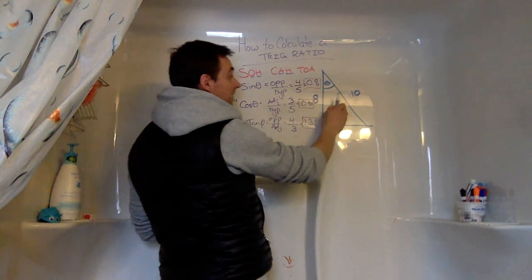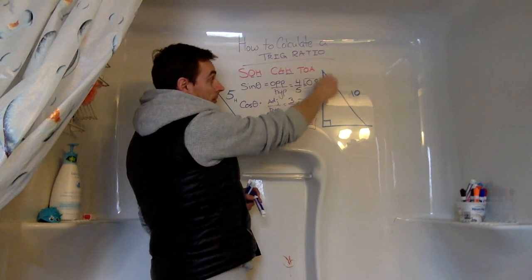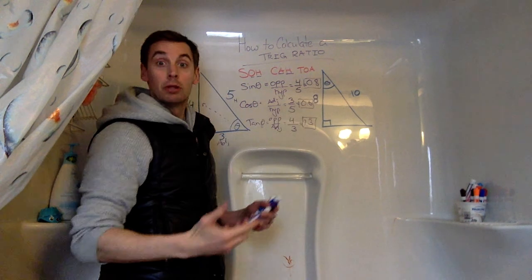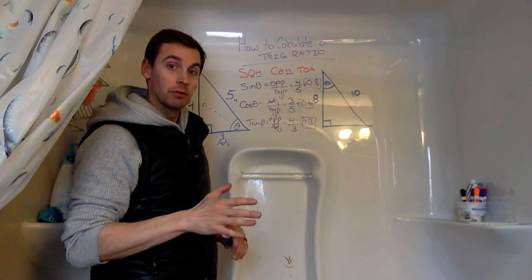Now, if we move over to this example, I have my angle theta up here, the angle that I don't know, the one that I'm going to be looking for, but I'm looking for the ratio. I'm not looking for degrees or anything like that. I'm just looking for the ratio.